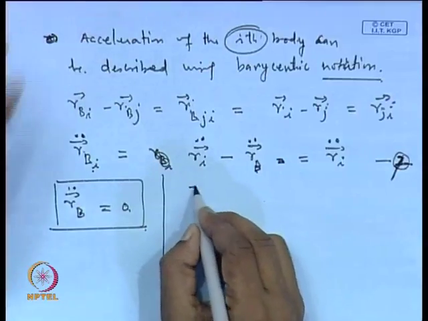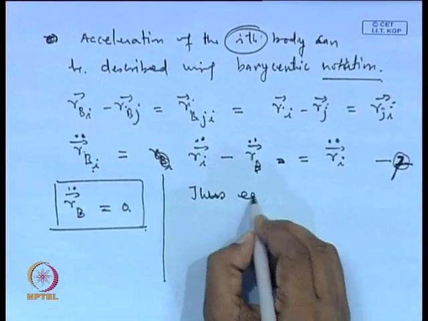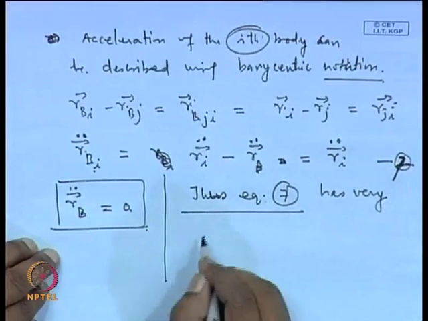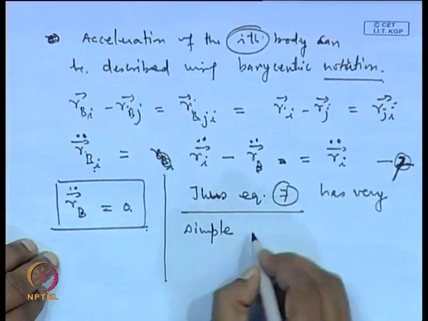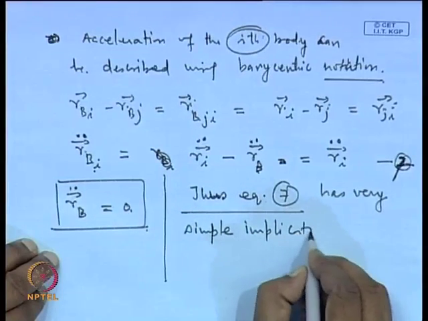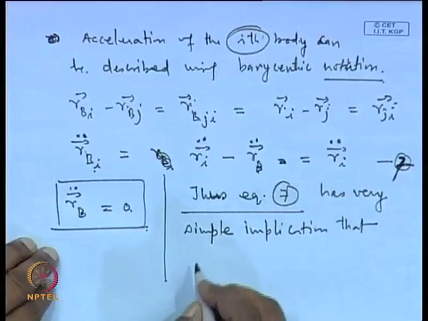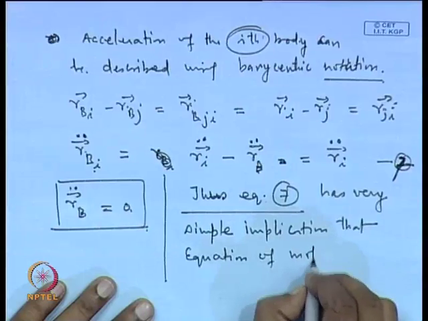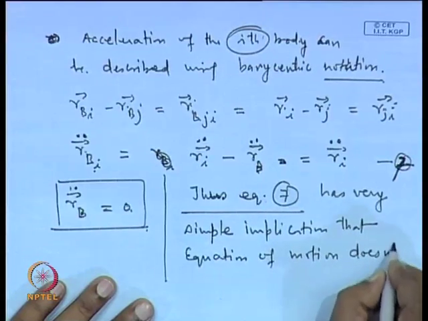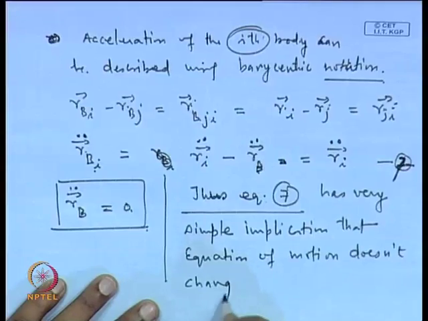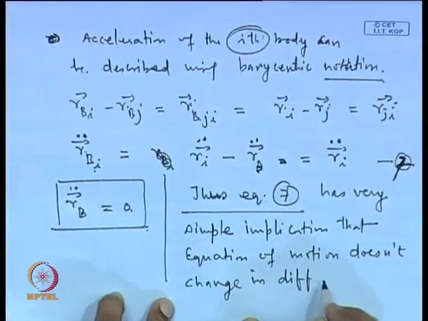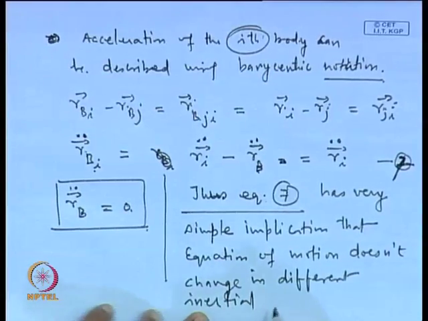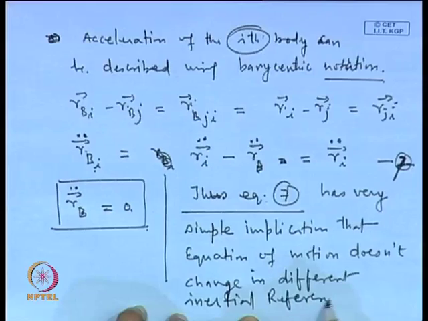Thus equation 7 has a very simple implication, that the equation of motion does not change in a different inertial reference frame.